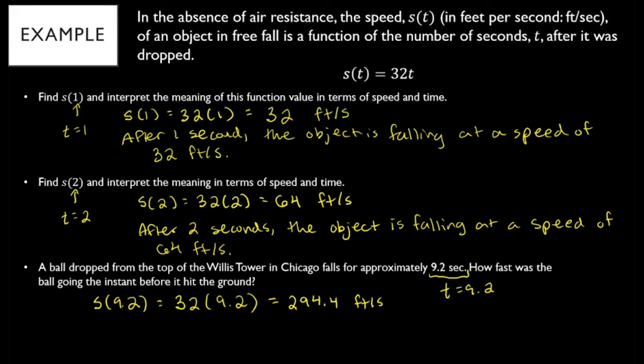And if you are curious, you can just put into Google, convert 294.4 feet per second to miles per hour. That comes out to about 201 miles per hour. So very fast. Very fast ball.